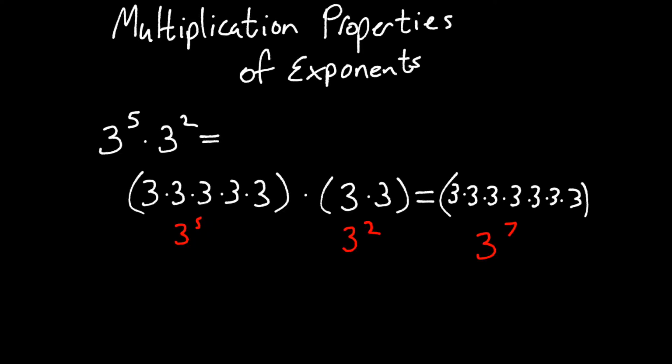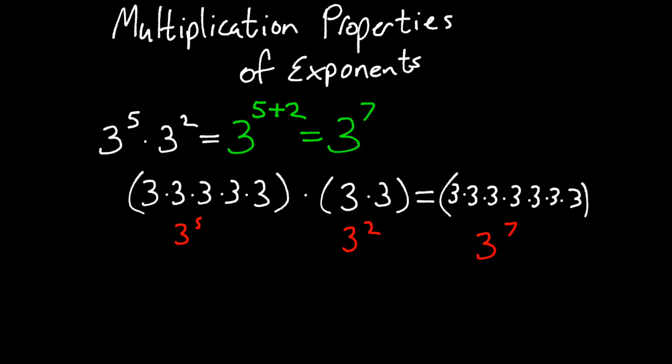And that's how multiplication of exponents works. As long as you have the same base, like this 3 is the same as that 3, all you need to do is add your exponents. So 3 to the 5th times 3 squared is the same thing as 3 to the 5 plus 2, which gives us 3 to the 7th.